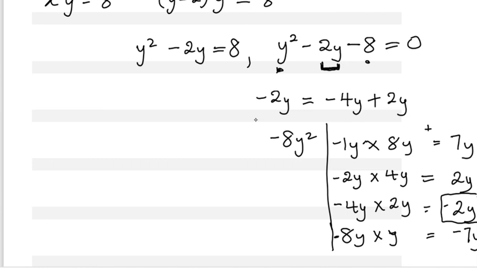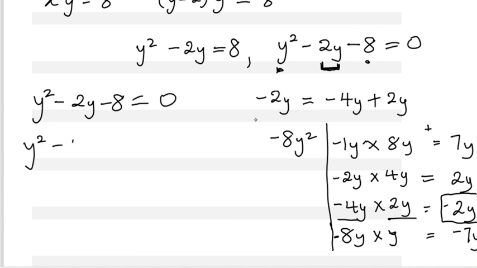That means we are going to pick negative 4y and positive 2y to replace negative 2y in our expression. I hope you understand what I'm doing. So if I write y squared minus 2y minus 8, this is just factorization. That means we can replace this with y squared minus 4y plus 2y minus 8 equals 0, just as we did here.